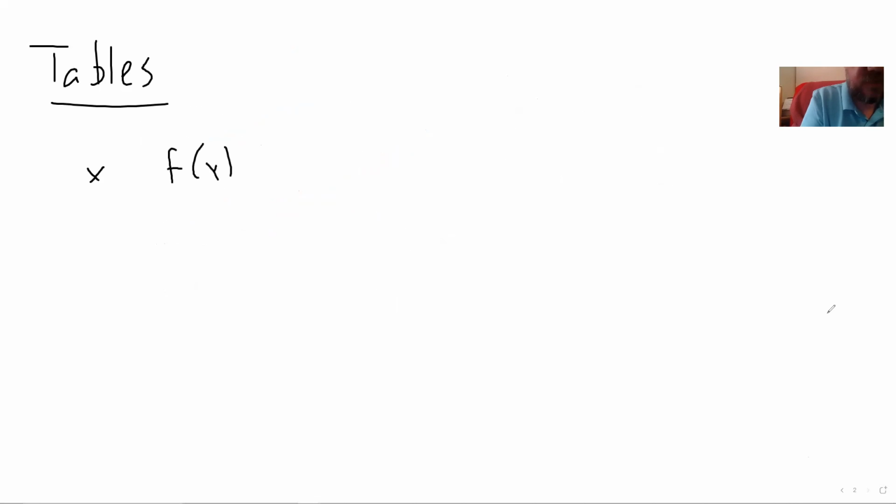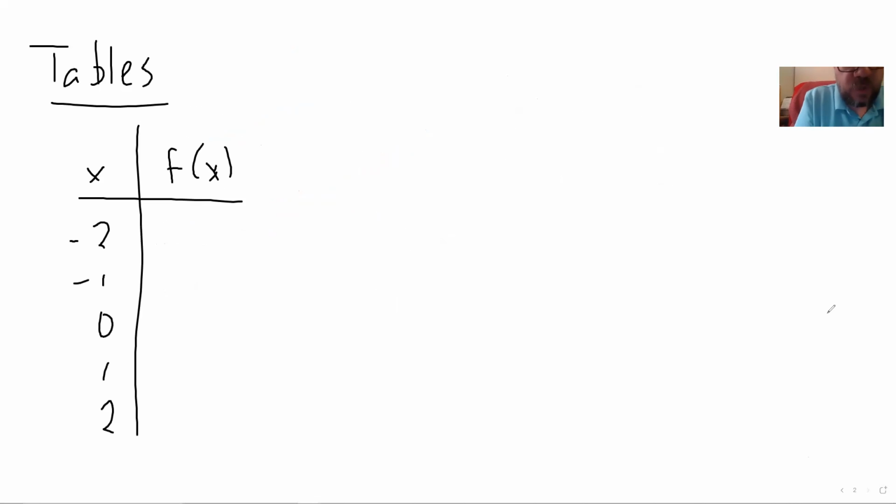And I'm not going to specify what f and f inverse are here, because we don't need to actually. So let's say x is my standard negative 2, negative 1, 0, 1, 2. The standard x's, and the f's are something: 1, 7, negative 13, 8, and negative 5.